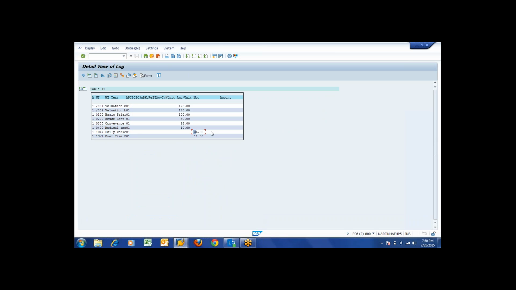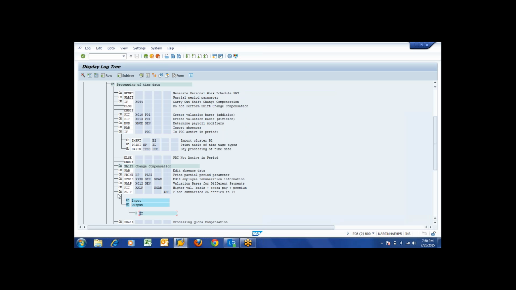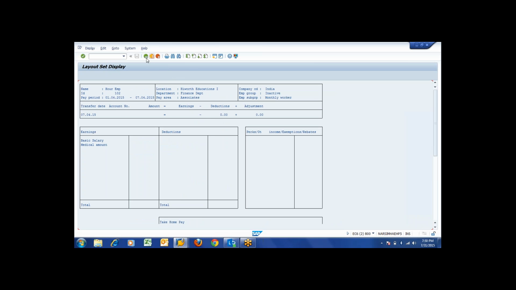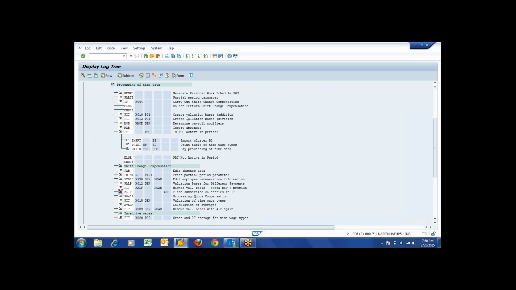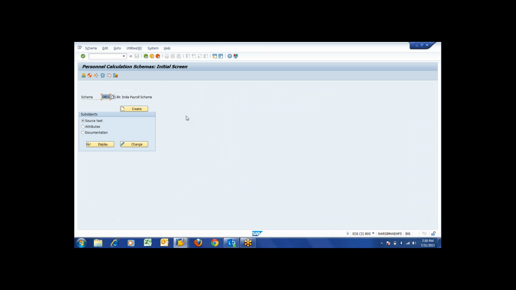For these 36 hours, the rate should be multiplied with 36 and you should receive the particular amount. I will show you how we are going to write a PCR to evaluate this. If you see the actual output of the form, there won't be any amounts because we haven't done any valuation for hourly wage workers.